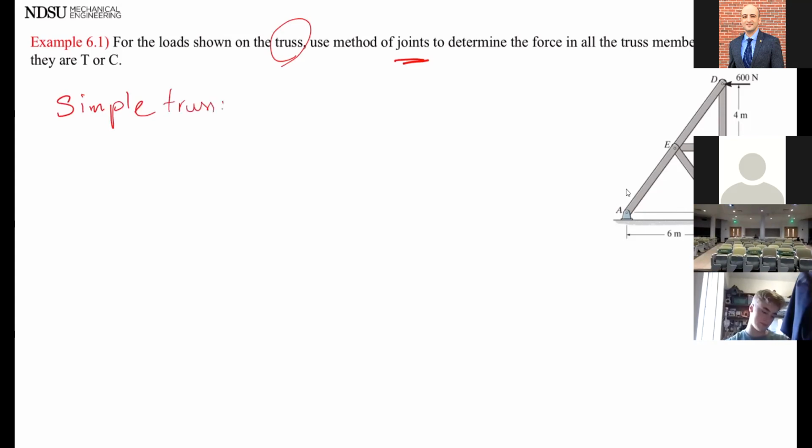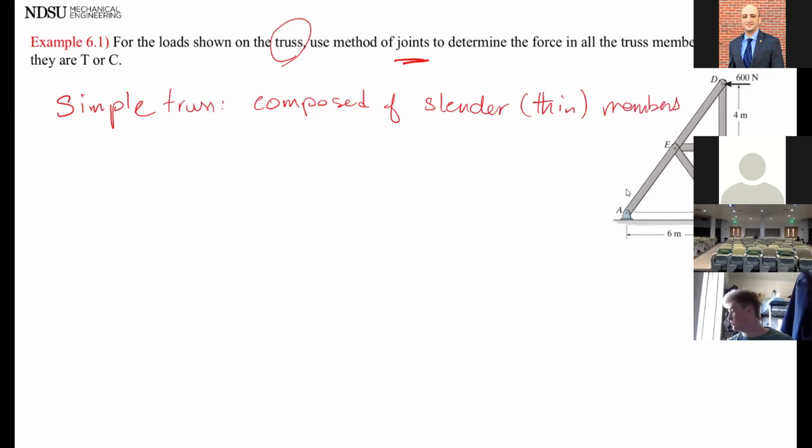A simple truss is usually a structure composed of slender members, which means just thin members, that are joined together at their end points.